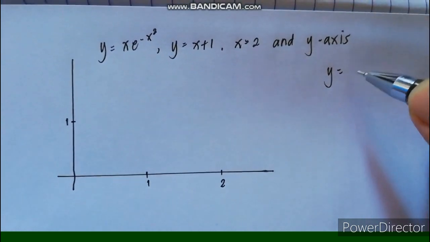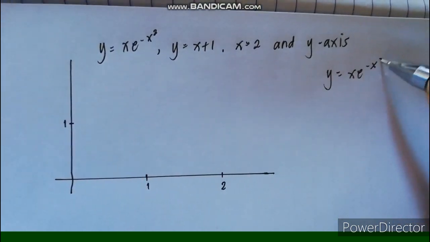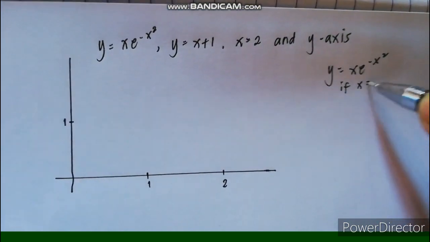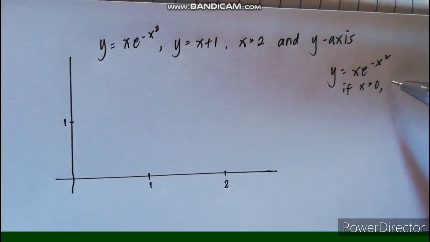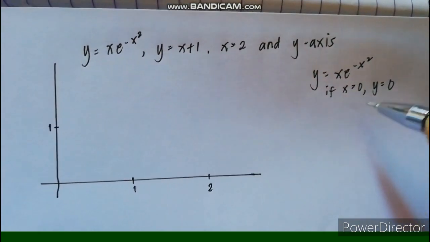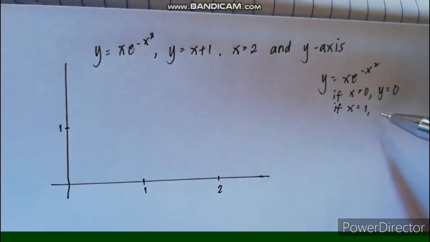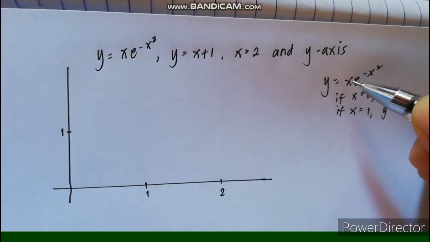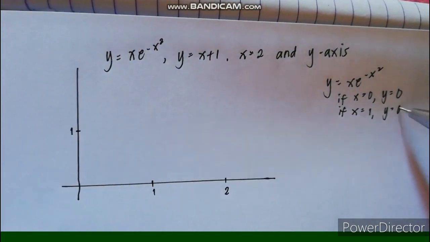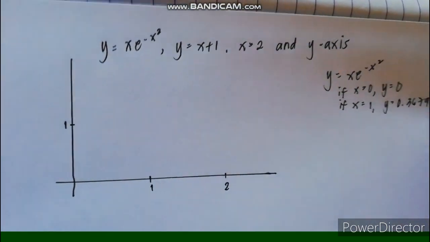Let's graph y is equal to x e raised to negative x squared. So if x equal to 0, y is of course 0. Then if x is equal to 1, y is equal to e raised to negative 1, or 0.3679.